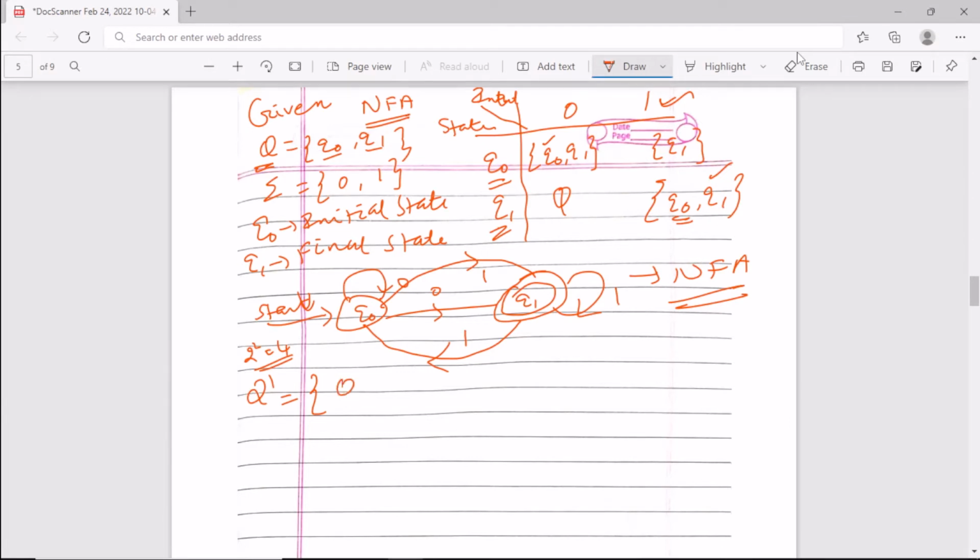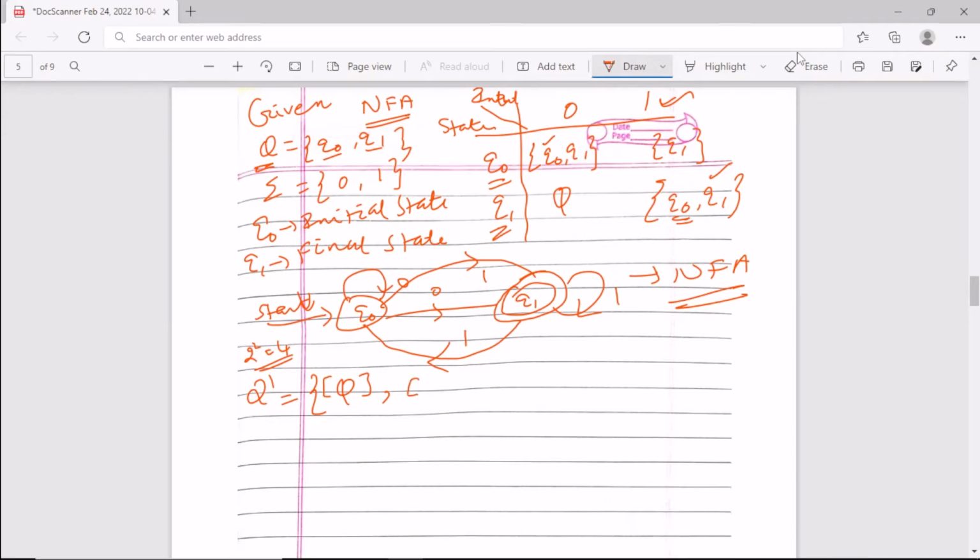The first one is always the empty set φ. Since this is a DFA, we make use of the square bracket to differentiate the states between NFA and DFA. So the states in DFA can be represented within the square bracket like this. Now this is the first state, the empty set.